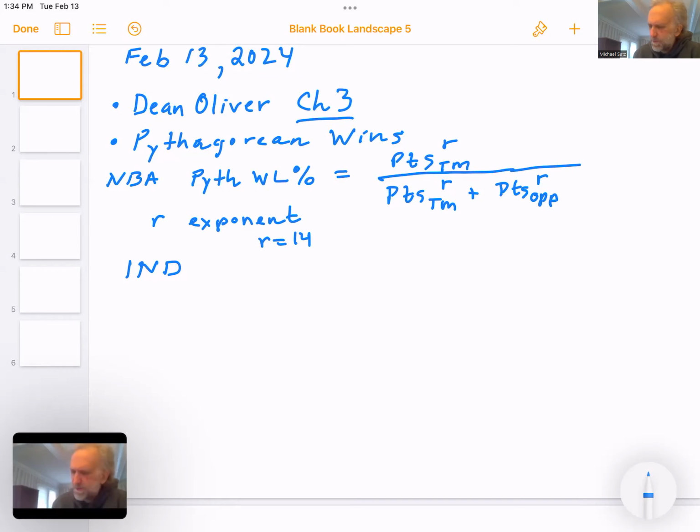IND, yeah. So you can use totals or per game, because the per game will cancel on the top and on the bottom. I would just have 1 over games to the 14th power on top, 1 over games to the 14th on the bottom, so that would all go away. So it's up to you. The totals will give you pure accuracy, I think.